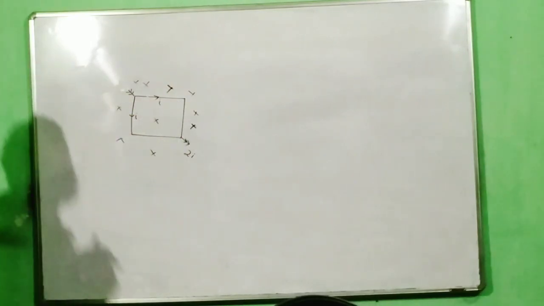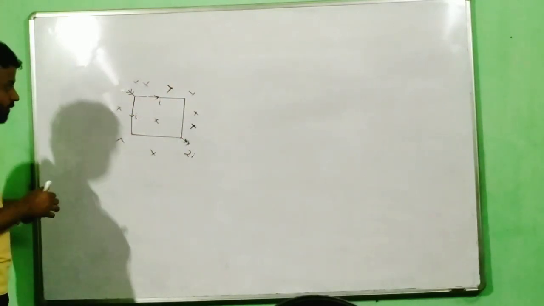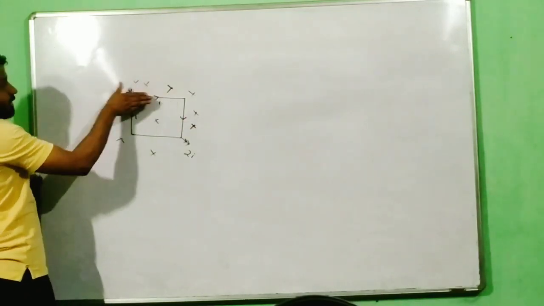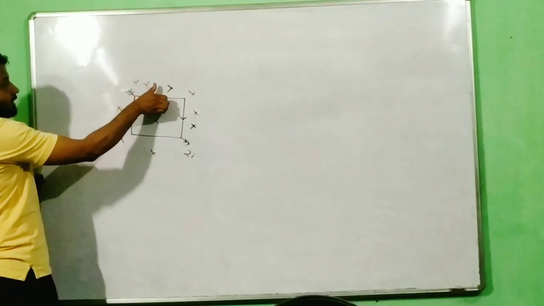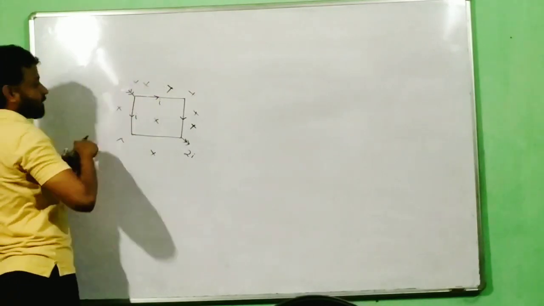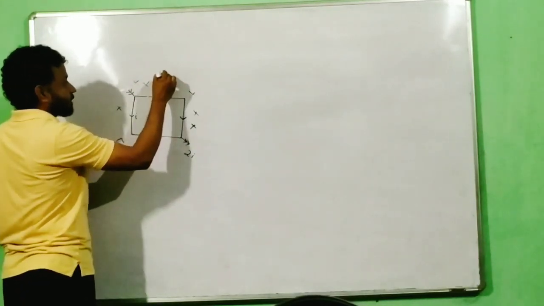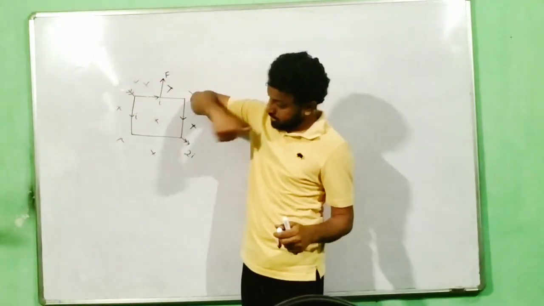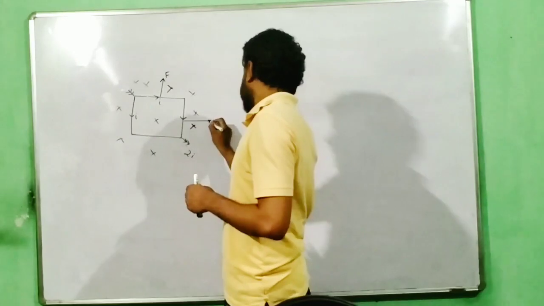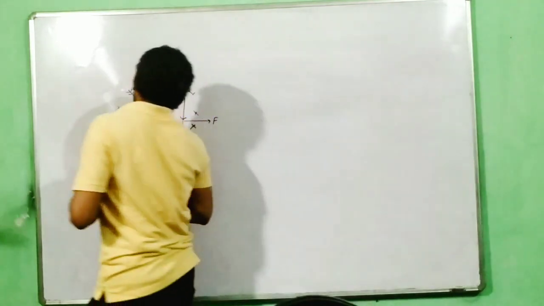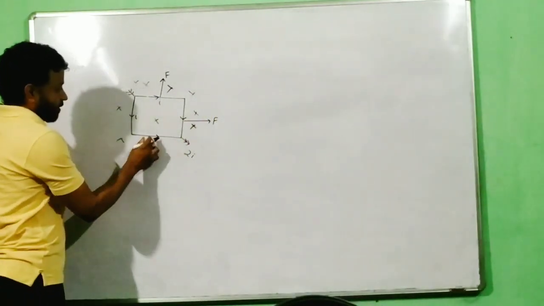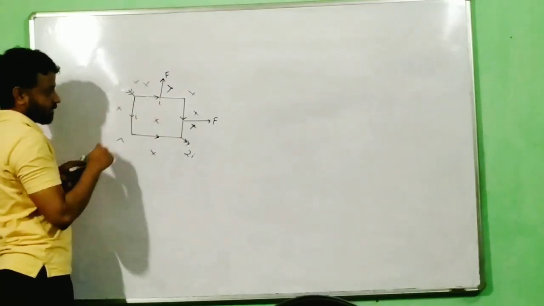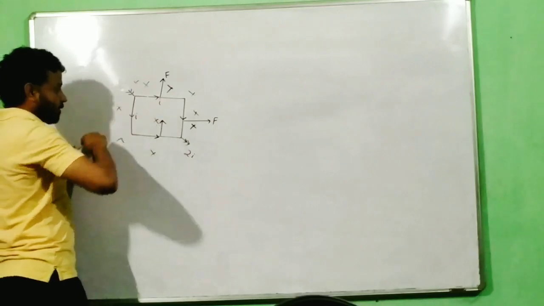So what is the direction of force now? This one will create a force in this direction, correct? Good, this direction. What about this one? Good, this direction. What about this one? This direction. What about this one?